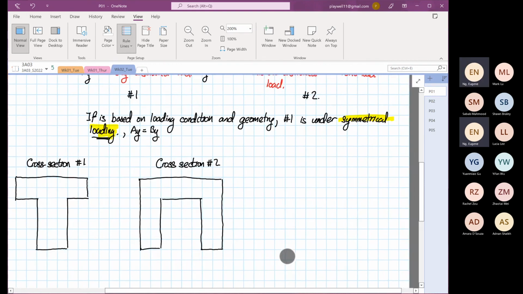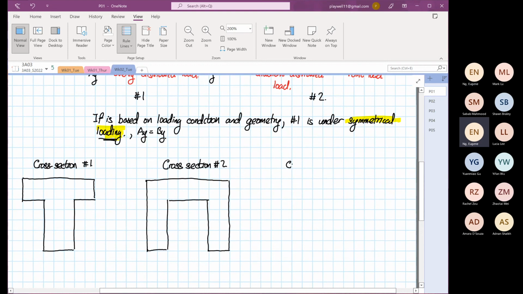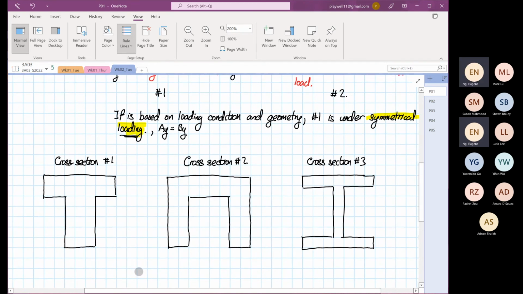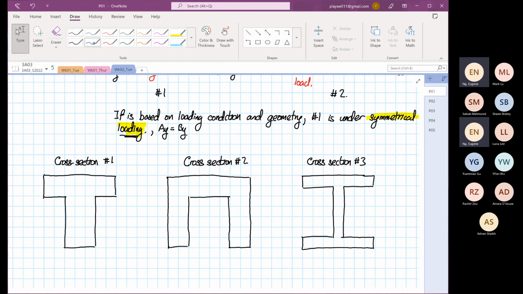And then I'm going to sketch cross section number 3. Okay, so these are the cross-section views, and then at all these points I'm going to label them.